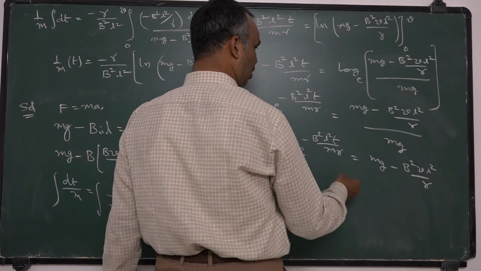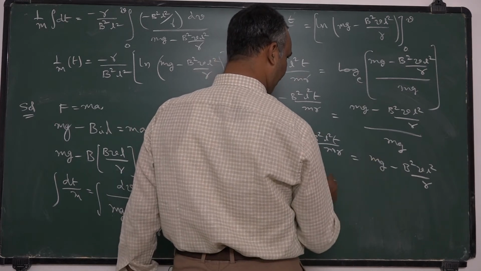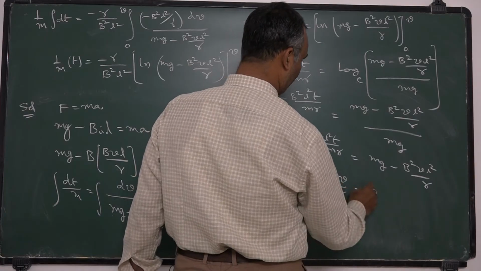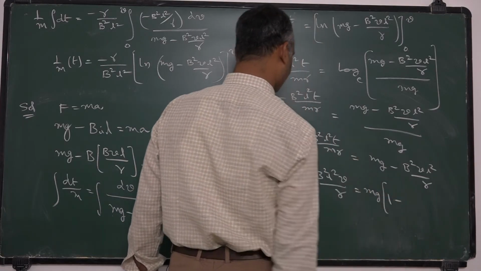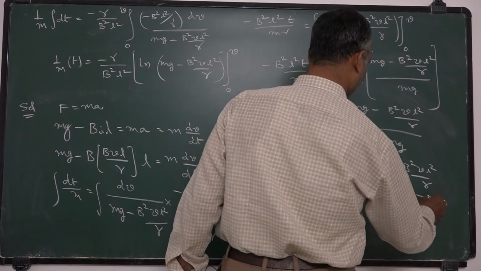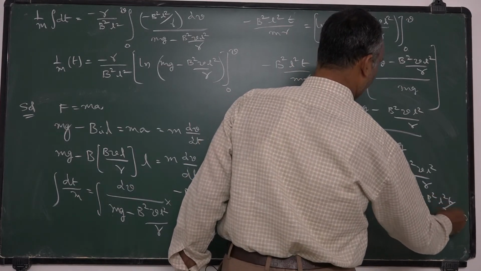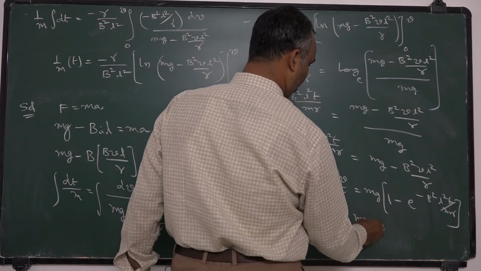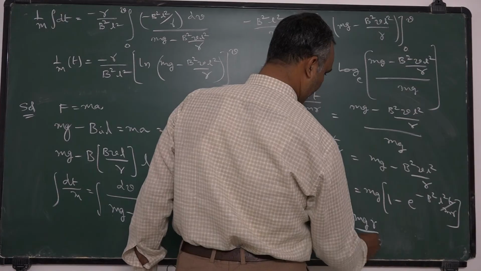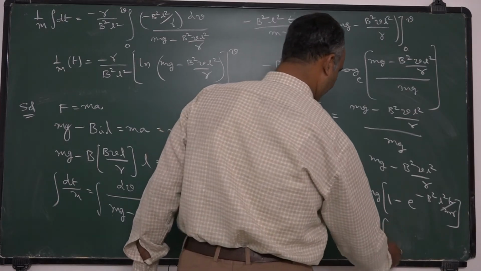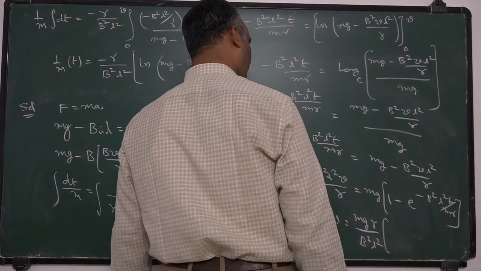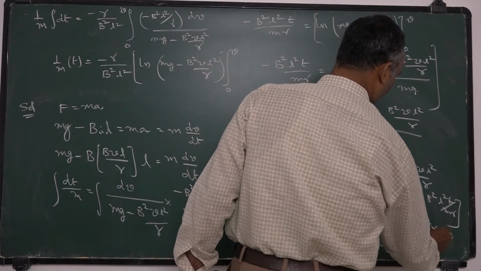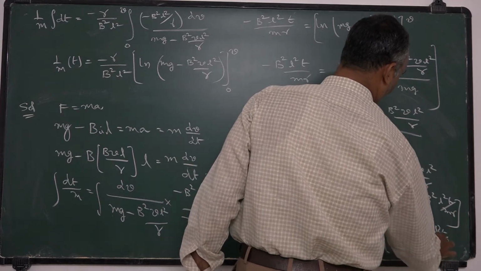Bring it this side and take it that side: b square l square v by r is equal to mg into 1 minus e power minus b square l square t by mr. Then v is equal to mgr by b square l square into 1 minus e power minus b square l square t by mr.